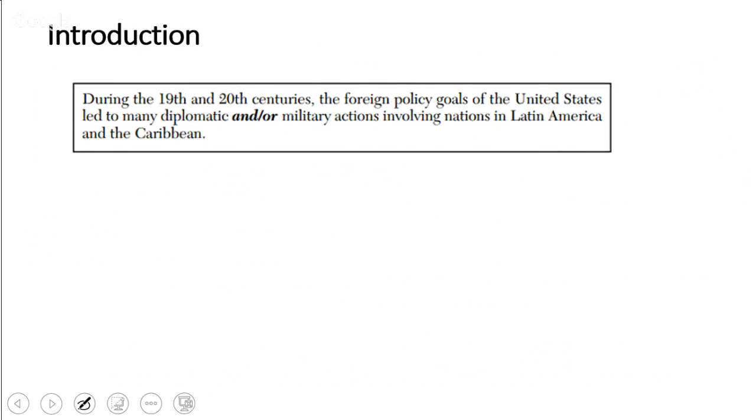Again, first of all, we are going to write down the introduction. And when we say introduction, we always paraphrase the information in the box. See that? Always paraphrase. So remember, they say during the 19th and 20th centuries, the foreign policy goals of the United States led to many diplomatic and/or military actions involving nations in Latin America and the Caribbean.